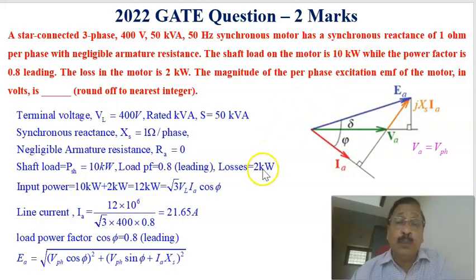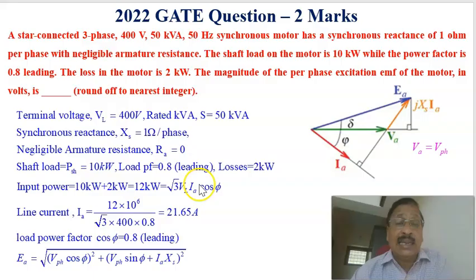Therefore, the total input power is the output power available at the shaft, 10 kW, plus the losses, 2 kW. We get 12 kW as the total input power, and that is equal to, in this 3-phase case, root 3 VL IL into cos phi. Cos phi is equal to 0.8, and VL is 400 volts.